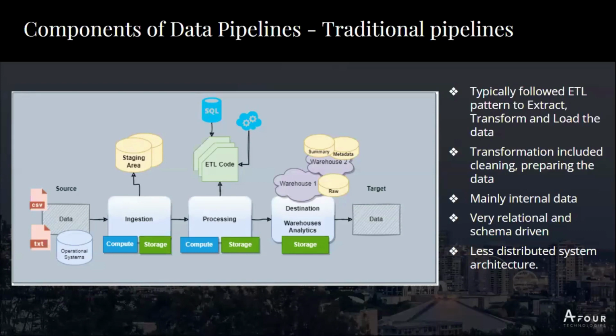Finally, the processing stage puts this data into a data warehouse, and there could be multiple concepts that come along with the data warehouse. There could be data marts, there could be various tables, or there could be dimensions or facts. It depends on the modeling that is required by the use case. But essentially, in your destination, you could have multiple warehouses or analytics-related views created, and that's where your data goes and sits, right? And then it's made available to your target.